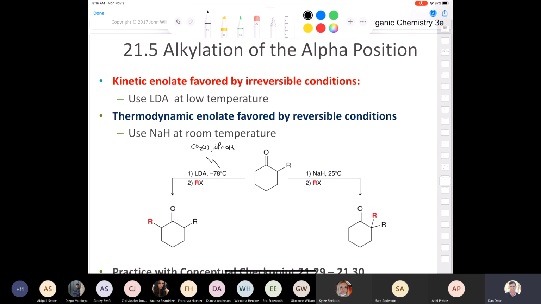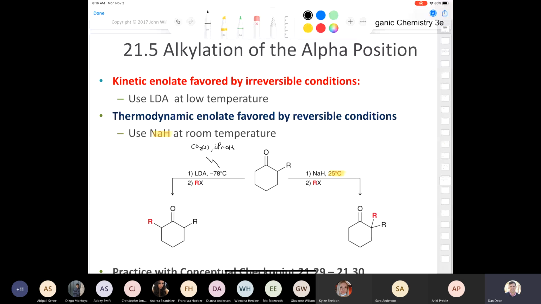So we take our alpha substituted cyclohexanone, in this case, we treat it with LDA at low temperature, and we remove the less hindered proton. And we call that the kinetic enolate. Now, again, that's irreversible, whereas if we were to do this reaction at room temperature with a strong base like sodium hydride, at 25 degrees Celsius, you're actually going to remove both protons.